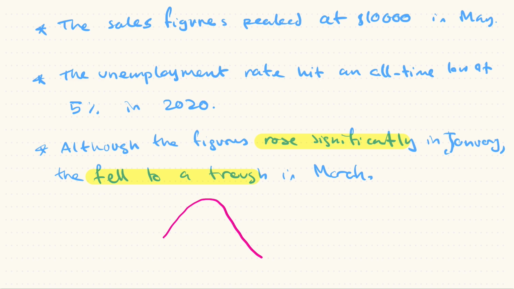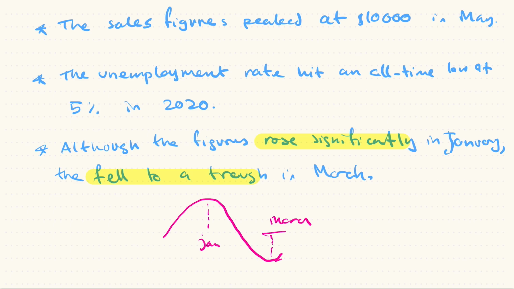This is January and this is March. So you can mix and match these phrases with each other. When there's a high, there's a low, so you can mix these phrases and verbs.